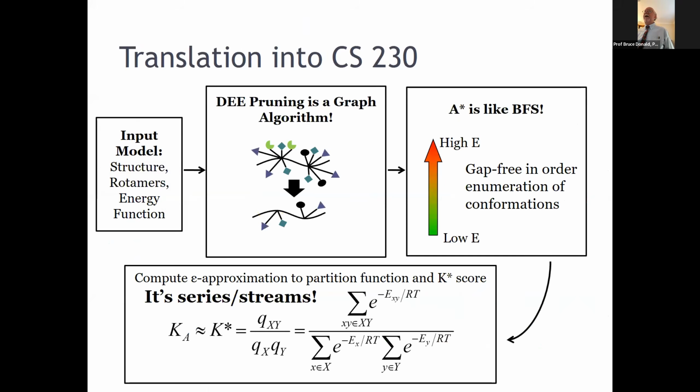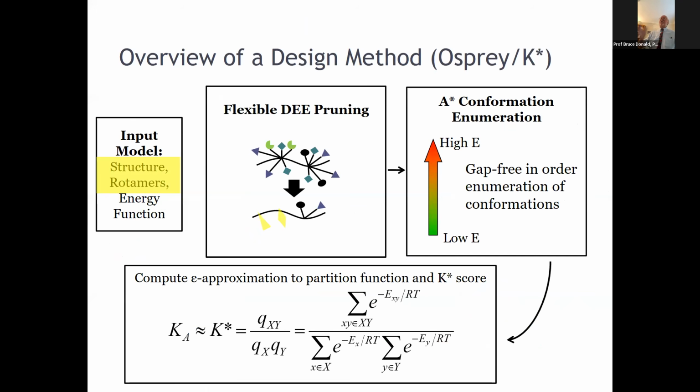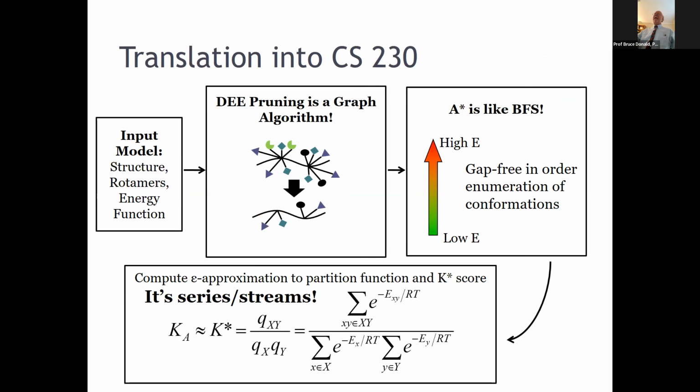One thing I'll mention is that we're trying to translate between biochemistry and computer science. They have different names for the same thing. I had this slide before, but I want to mention this all has names that are very familiar to an engineer or computer scientist. So these different terms here have names in terms of, for example, CS230.